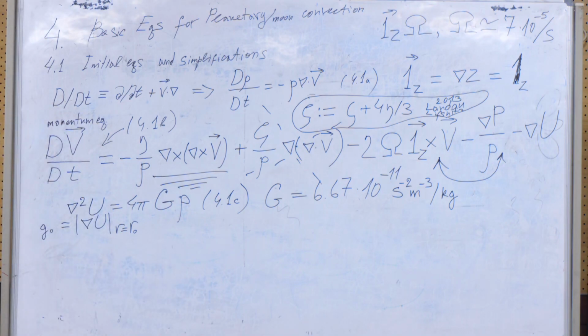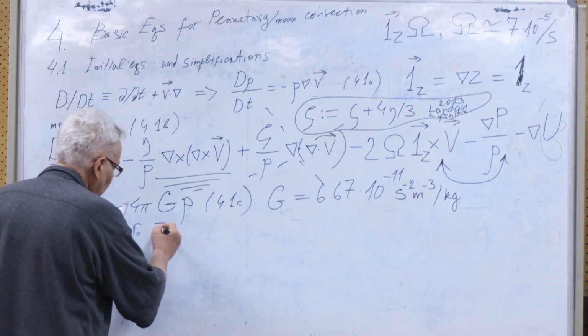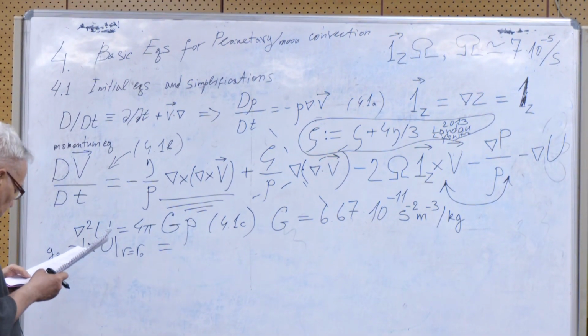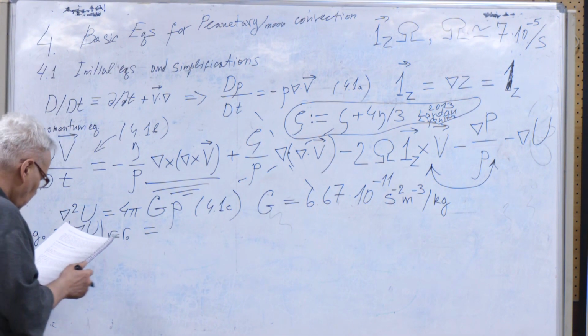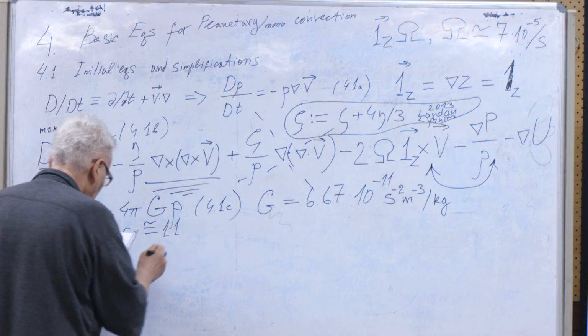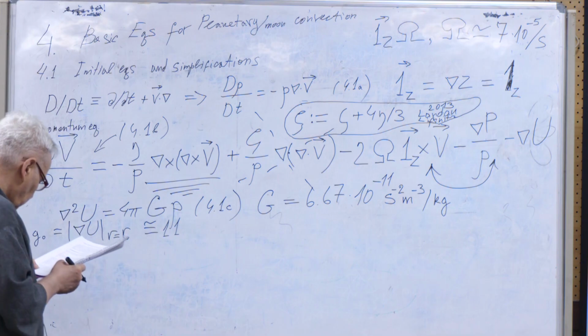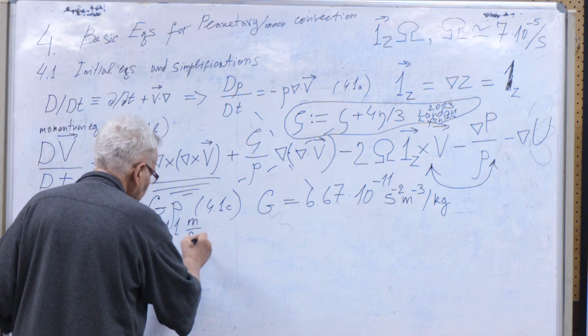On this picture, this R equal R0 corresponds to this boundary. And it's slightly more than what we observe on the surface. This is about 11 meters per square second.